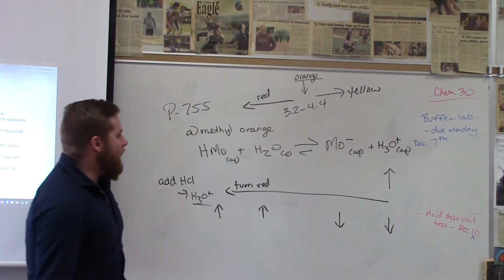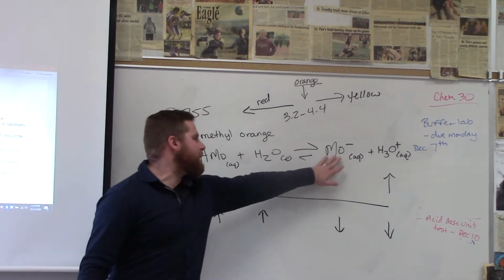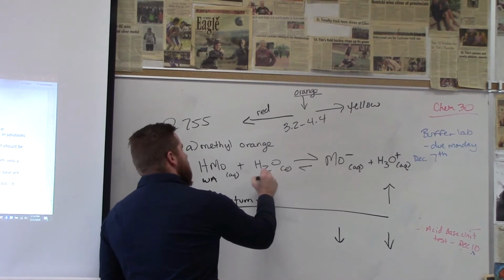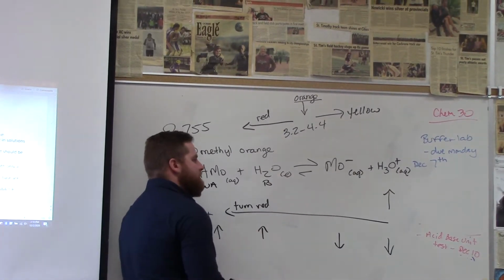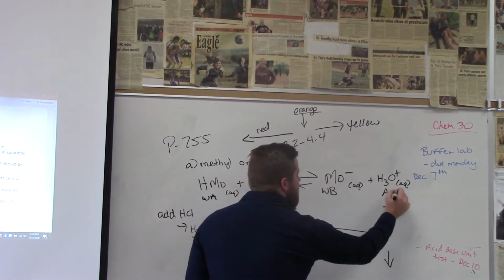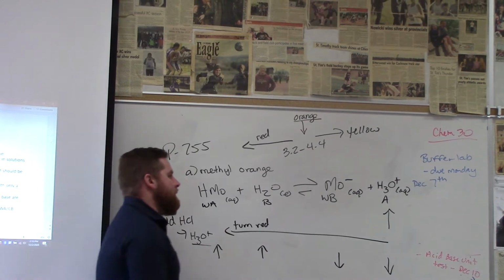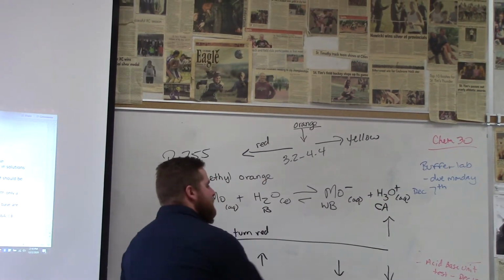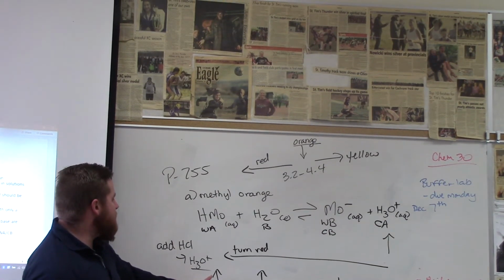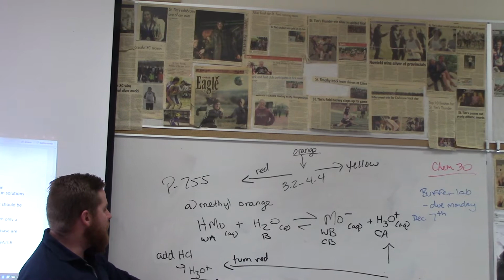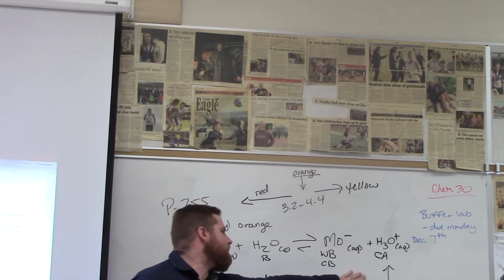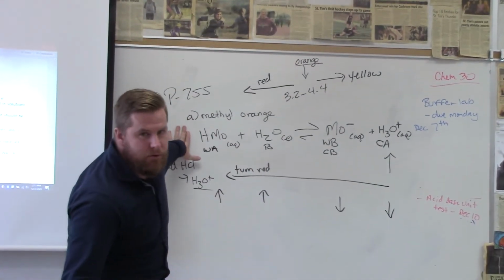So as a result, because of the weak acid-base conjugate, there's my weak acid, that's HMO. H2O acts as the base in this case, and then this ends up being the weak base, and that's my acid. So this is the conjugate acid and the conjugate base. So in an acidic solution, if we were to add a greater level of acidity, because of the equilibrium shift away from the hydronium, the solution turns red.